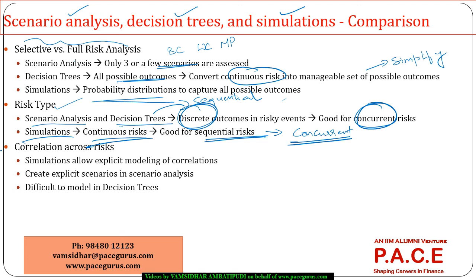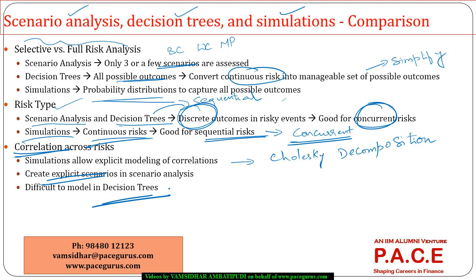Coming to correlation, obviously in simulation, we have seen that the correlation can very well be incorporated between all the variables using the Cholesky decomposition mechanism. In case of scenario analysis, we have to create explicit scenarios which can take into consideration the correlation between the various variables, but nothing of that sort is possible in case of decision trees.